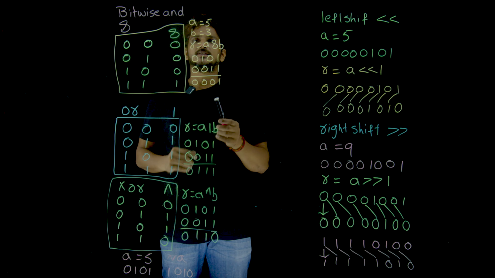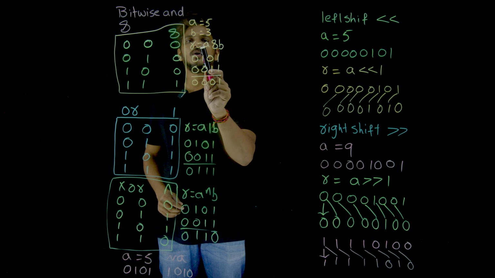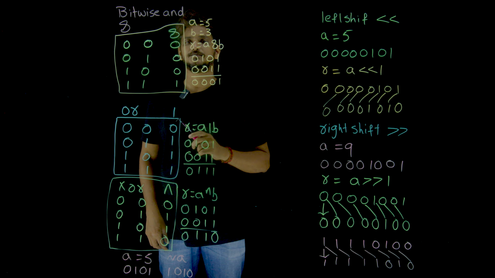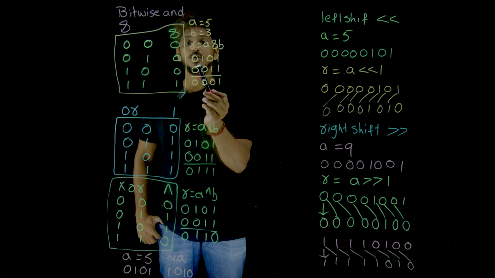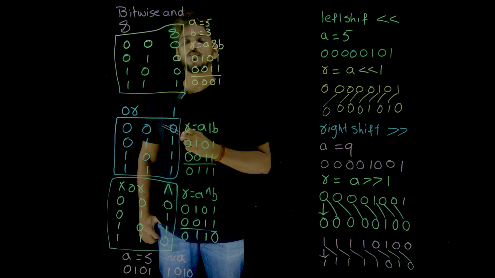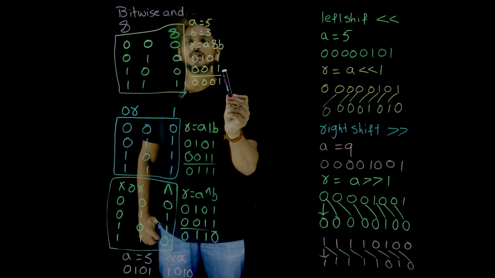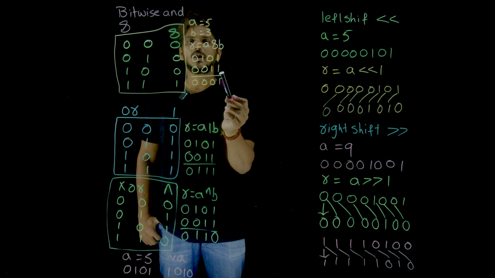So now take the example. Let's take A is equal to 5, B is equal to 3, R is equal to A and B, the bitwise AND operation. A is equal to 5 means in binary you write 0, 1, 0, 1. B is equal to 3 means the binary value 0, 0, 1, 1.